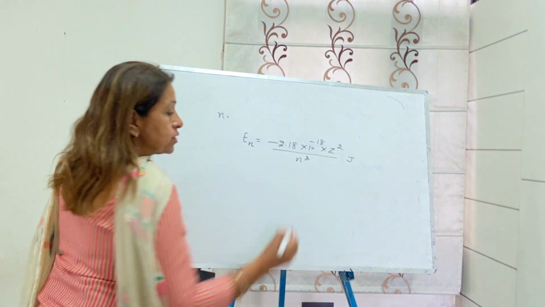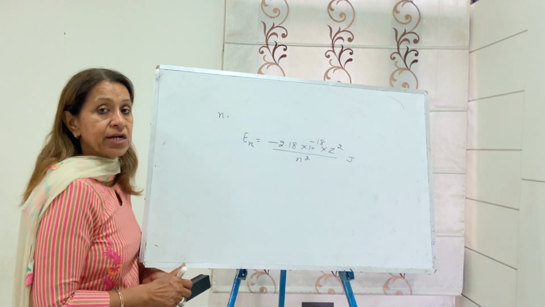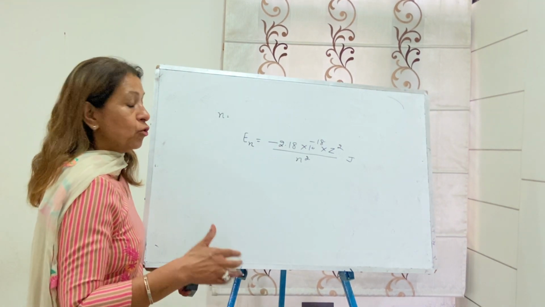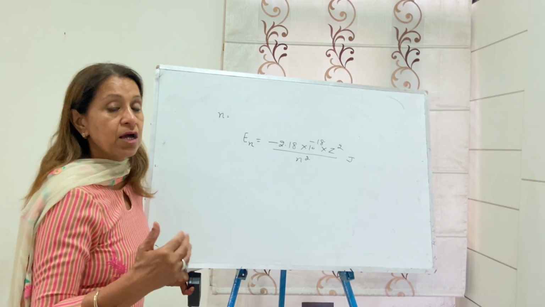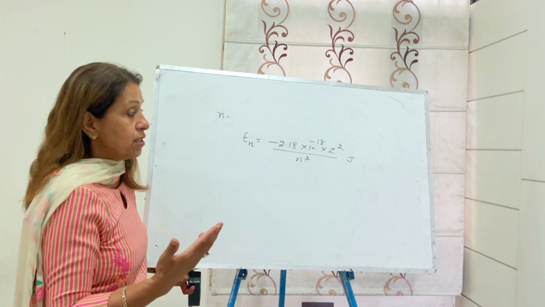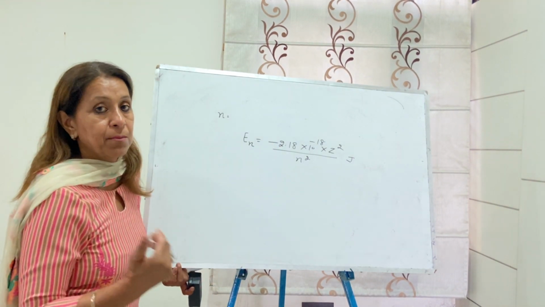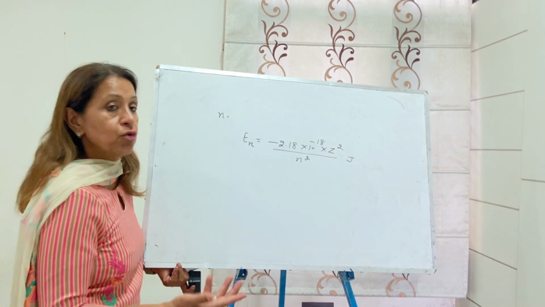This is in joules. What is Z? So many times I discussed, Z is the atomic number of those species which have a single electron, like H, helium plus, lithium 2 plus and beryllium 3 plus, and N is the number of the shell, 1, 2, 3, 4, K, L, M, N.